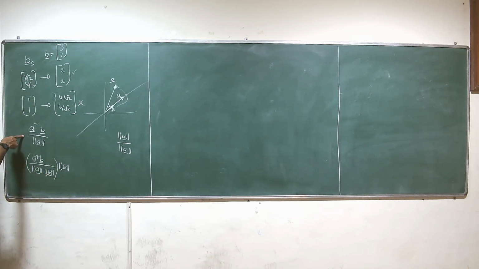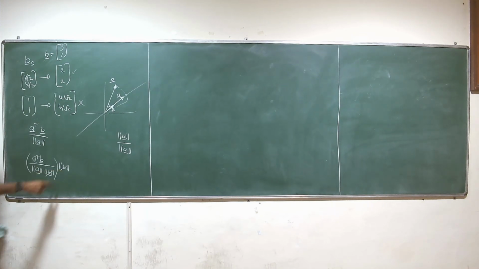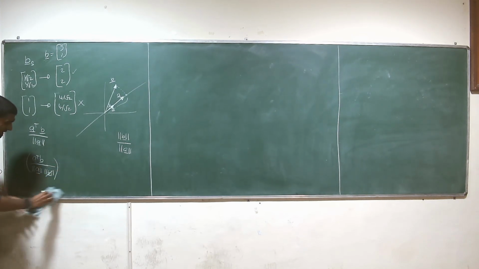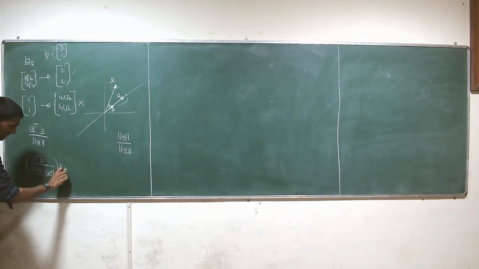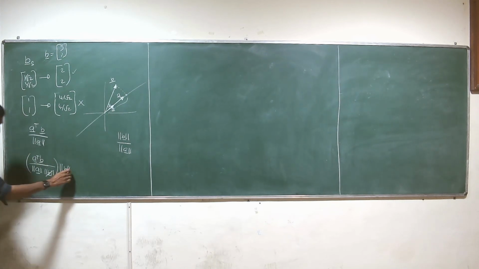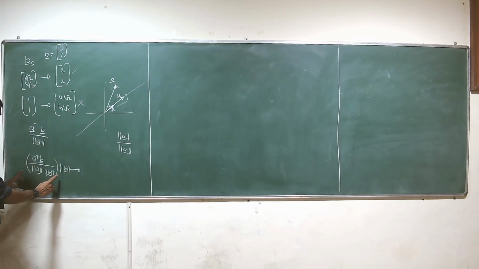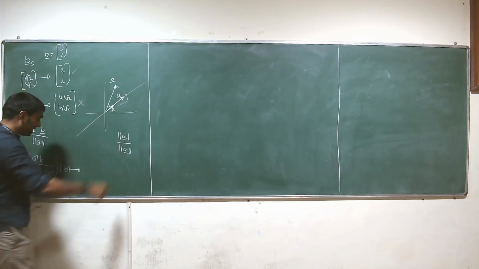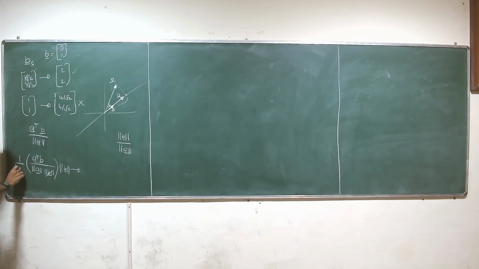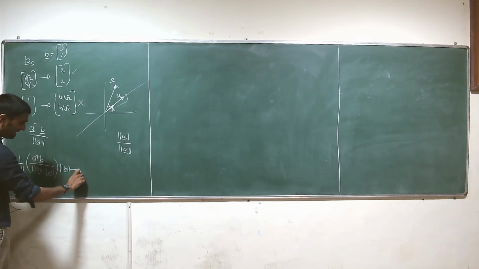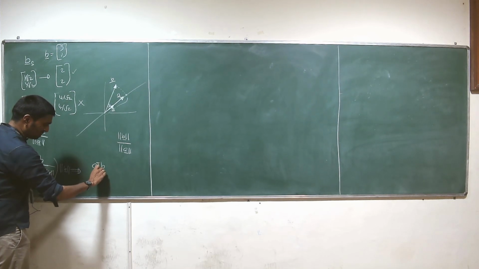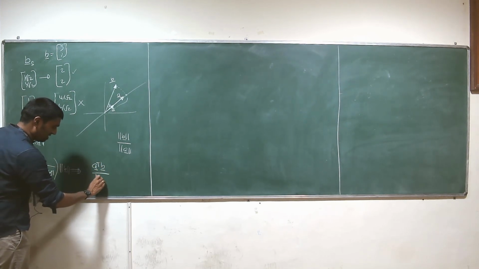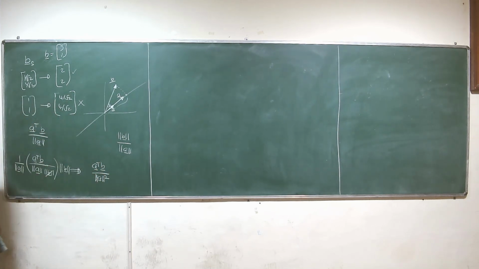That's what got us here. But this is not what we should be multiplying with. This gives you how much you need to amplify, but you have to normalize this by the norm of A. So the expression that you'll finally get is A transpose B divided by A squared.